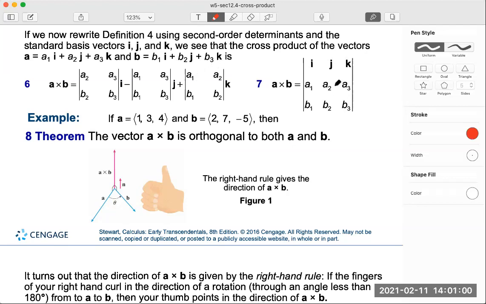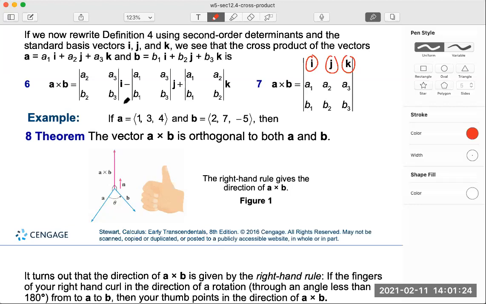You can imagine this way. You treat i, j, and k as numbers, okay? Then the determinant of order 3 here, when you write it down, it would be this. It's easier to memorize this cross product rule. Okay?